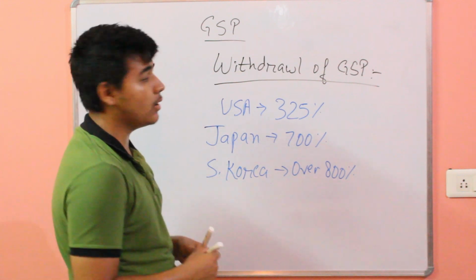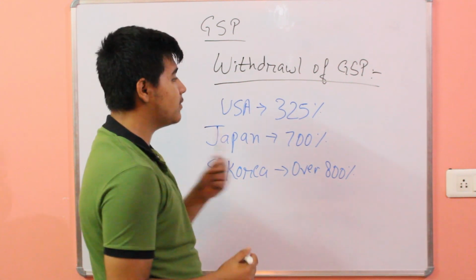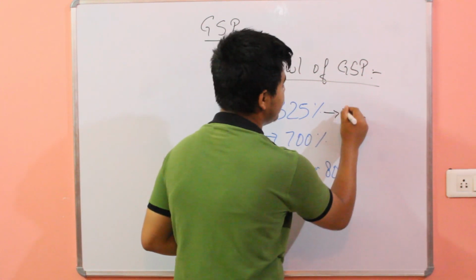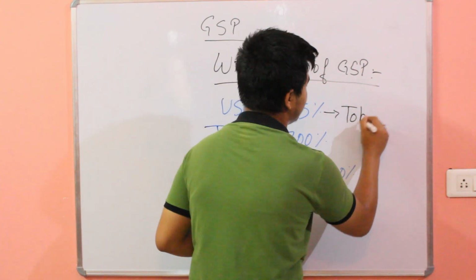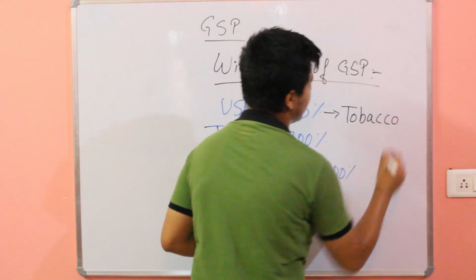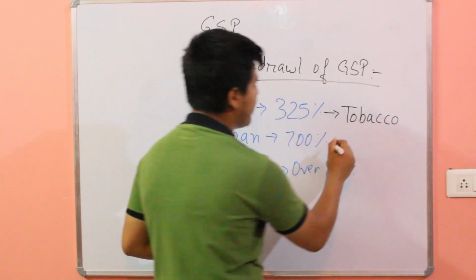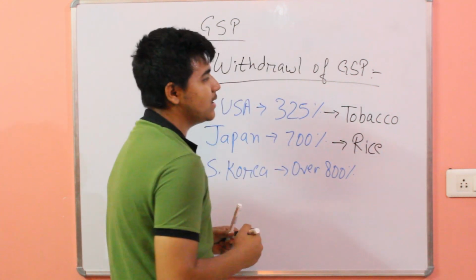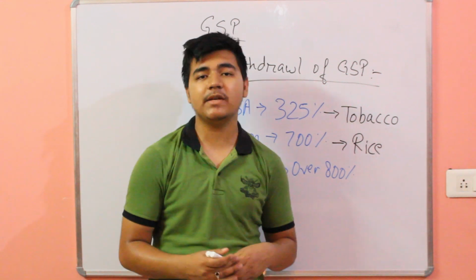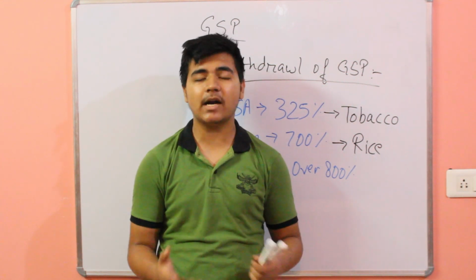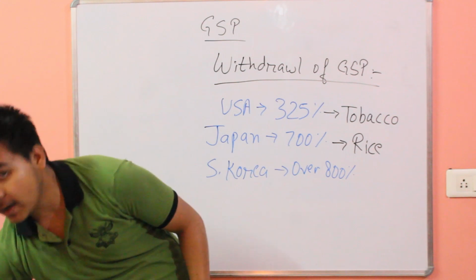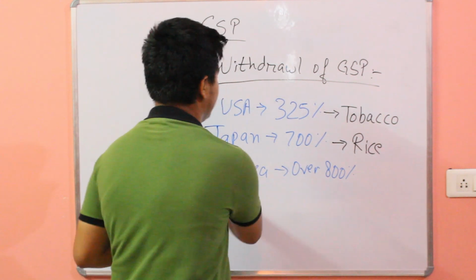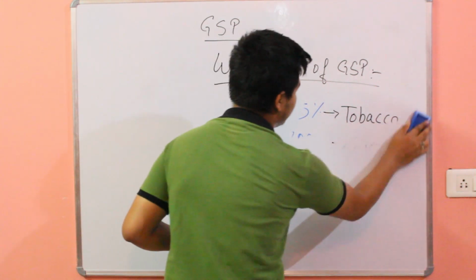Now the reason or the objective behind the charge of such higher tariffs in USA is to protect its tobacco manufacture. For Japan, it is rice. So you can see that every country has basically an objective behind the charge of higher tariffs, and under the GSP regime these tariffs were removed.